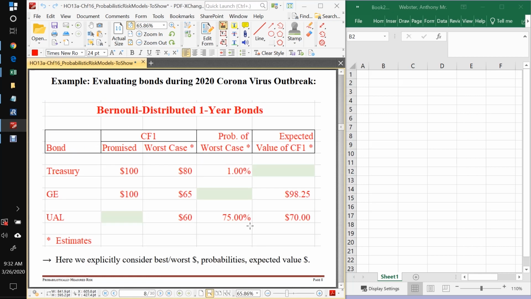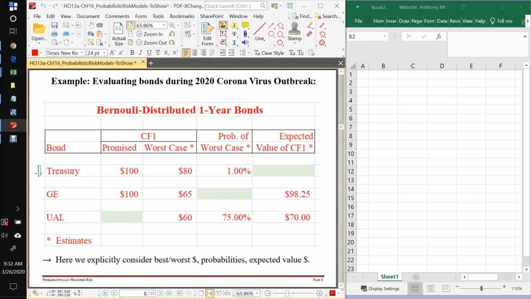So let's look at an example here taken from the March 2020 timeframe, during the middle of the coronavirus outbreak in the United States. If we were considering buying several bonds, let's see if we can do a full high quality probabilistic analysis of these bonds.